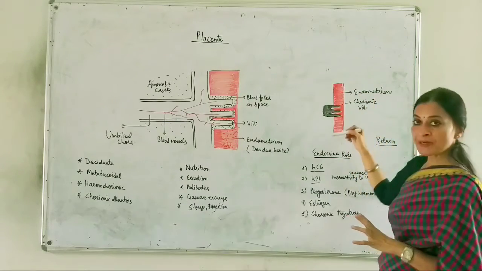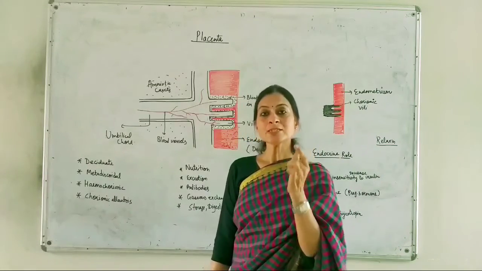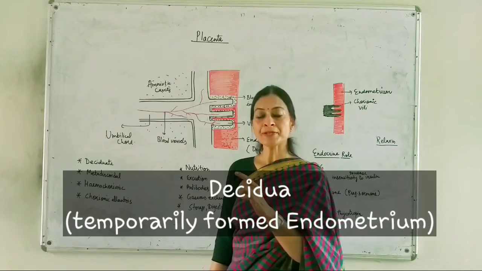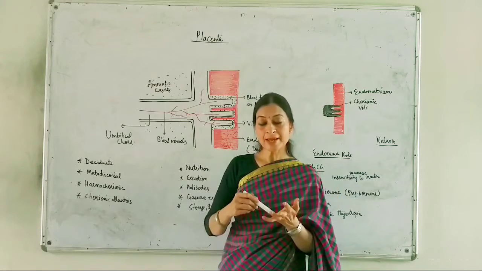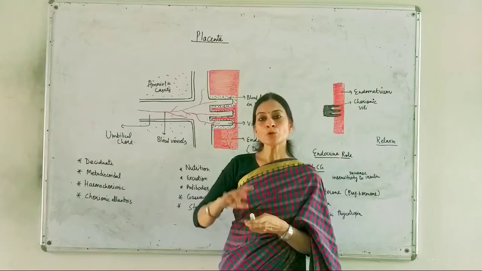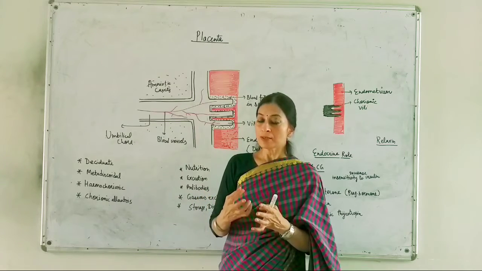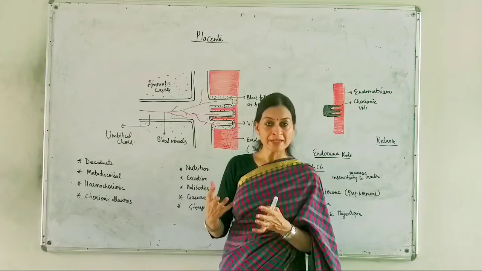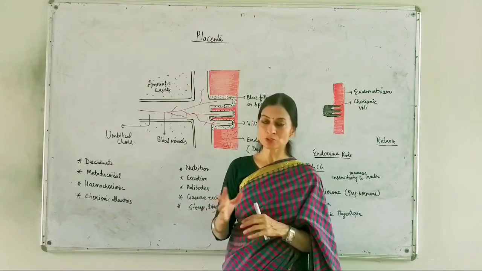This is the endometrial layer and this is actually the decidua part of that endometrium that I have told you about. When the pregnancy has been established, this endometrium undergoes further thickening to form a temporary endometrium that will be shed during parturition or the birth process.